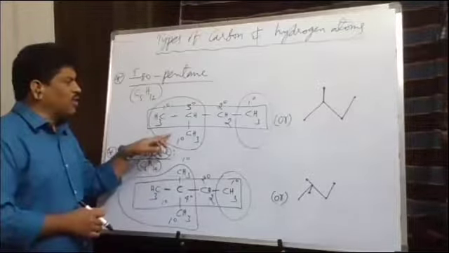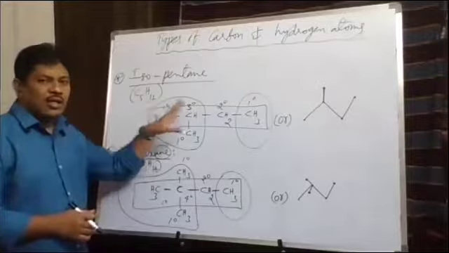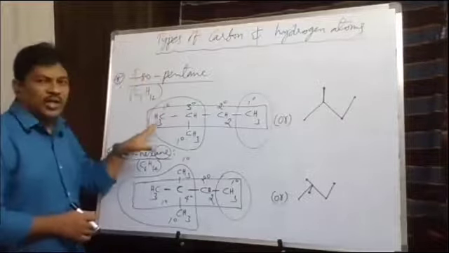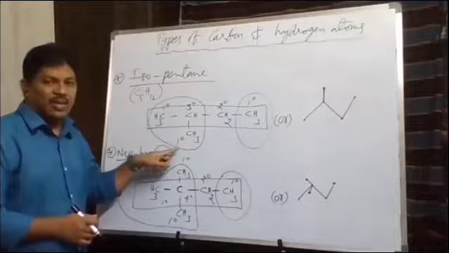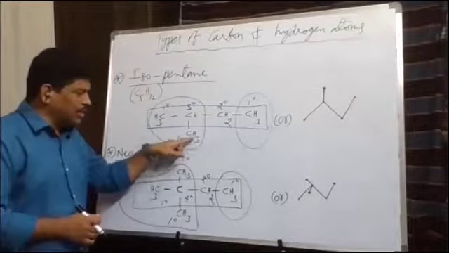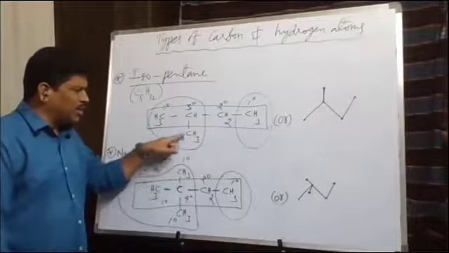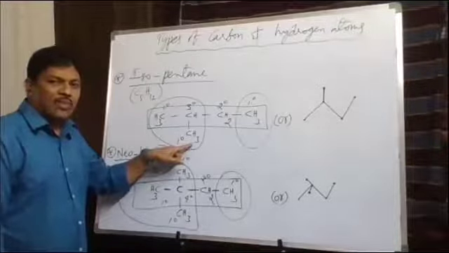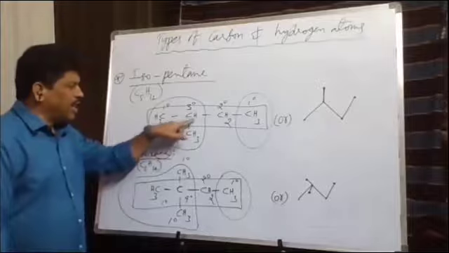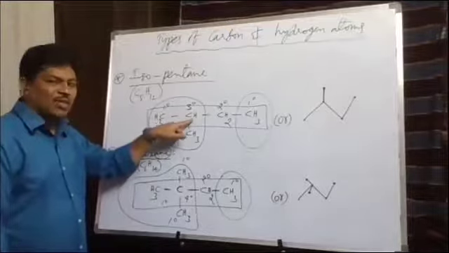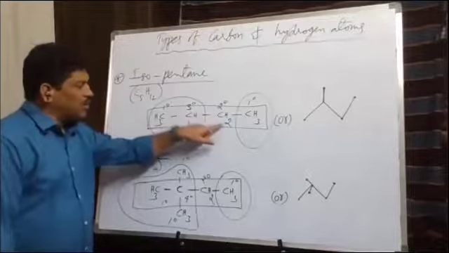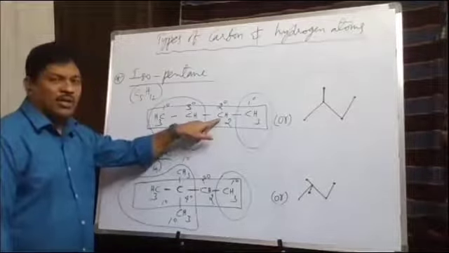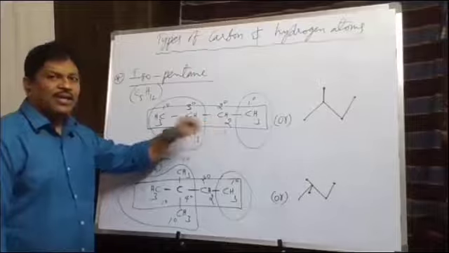And the next thing we have to understand is that in isopentane, 3 degree, 2 degree and 1 degree carbons are available. So here these 3 hydrogens present on the 1 degree carbon are called primary hydrogen atoms, this 1 hydrogen present on the 3 degree carbon is called a tertiary hydrogen, and the 2 hydrogens present on the 2 degree carbon are called secondary hydrogens.